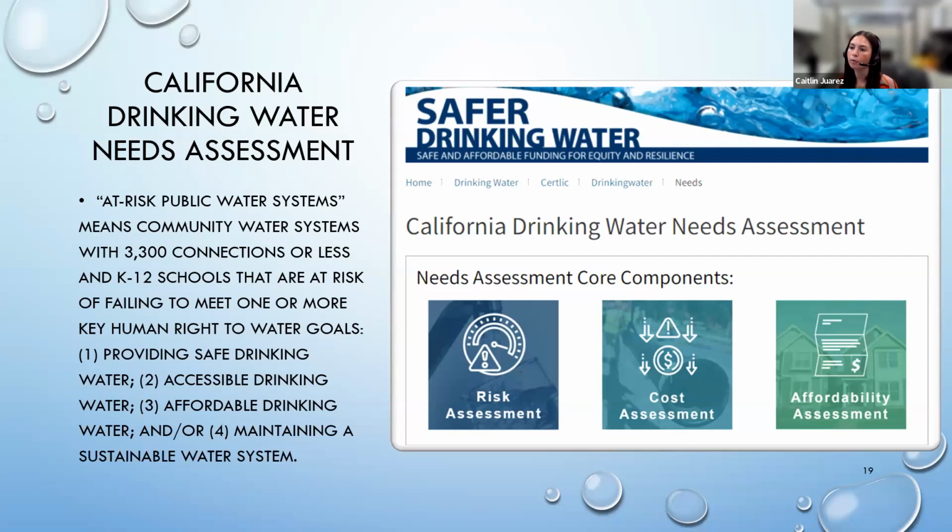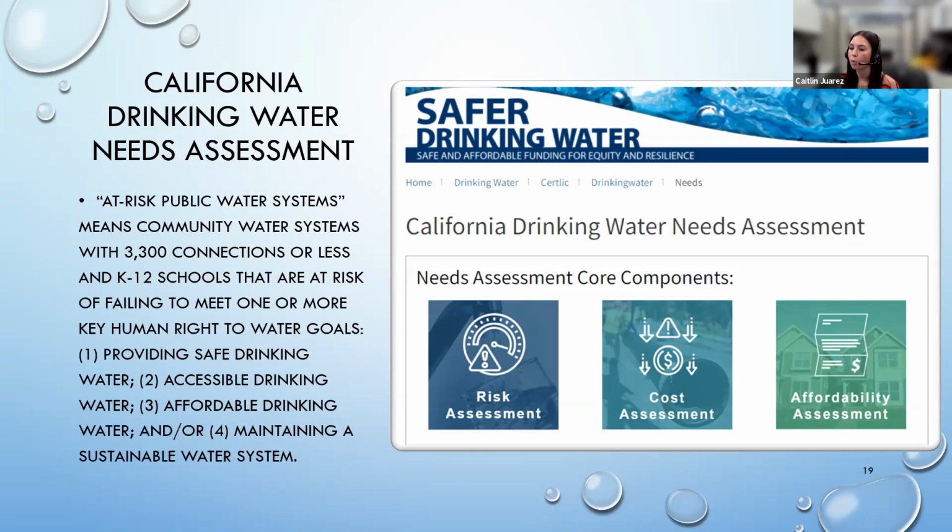The California Drinking Water Needs Assessment comes out every year. And this is the definition from the needs assessment: at-risk public water system means community water systems with 3,300 connections or less, so that's a small water system, and K through 12 schools that are at risk of failing to meet one or more of the key human right to water goals.